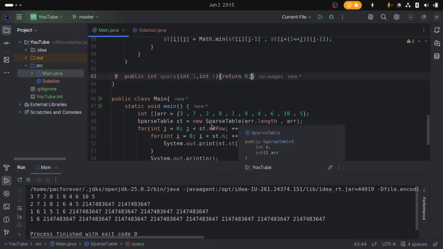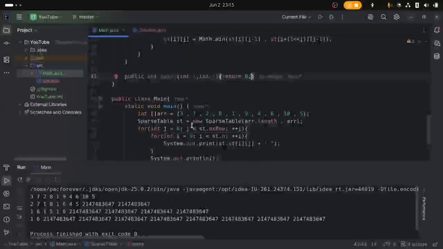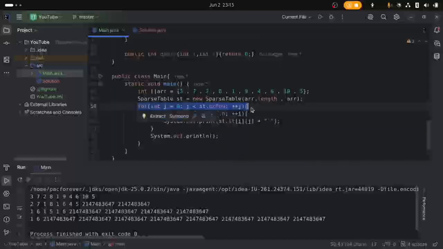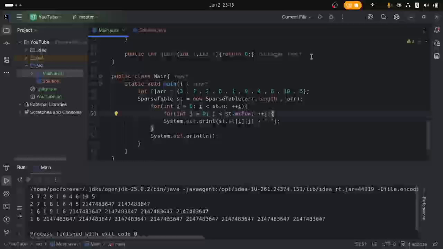Now why did it print like this? Oh, sorry, I'm really sorry for this mistake.